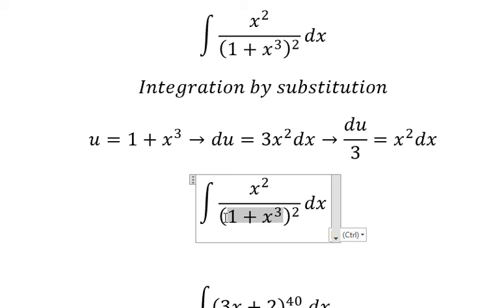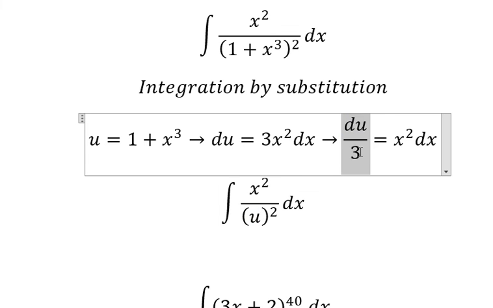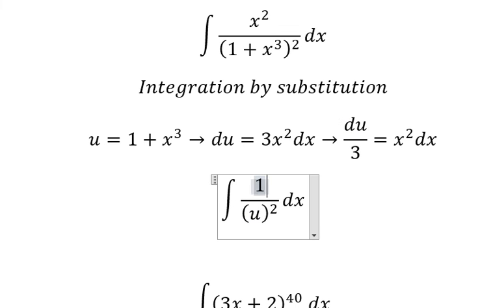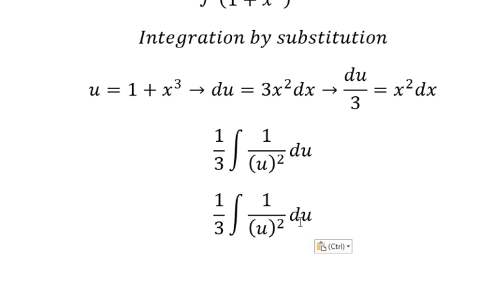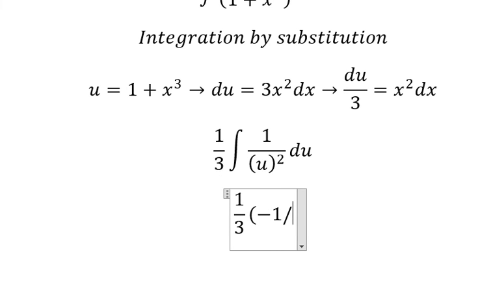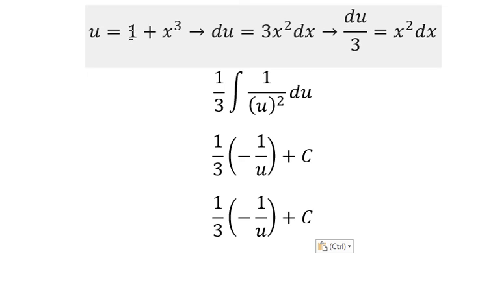This one we change to u. x squared dx we change to this one. The integration of 1 over u squared, we have negative 1 over u, and we put c. For u, that is this one.